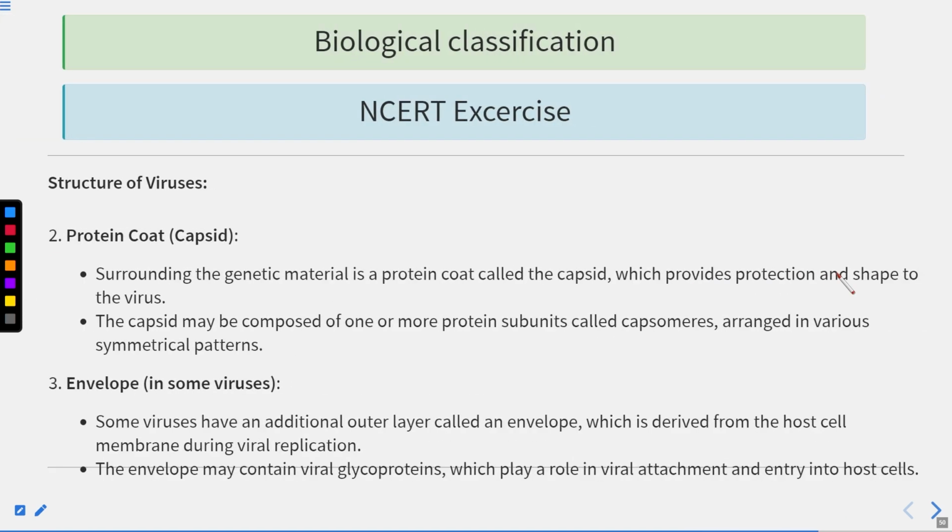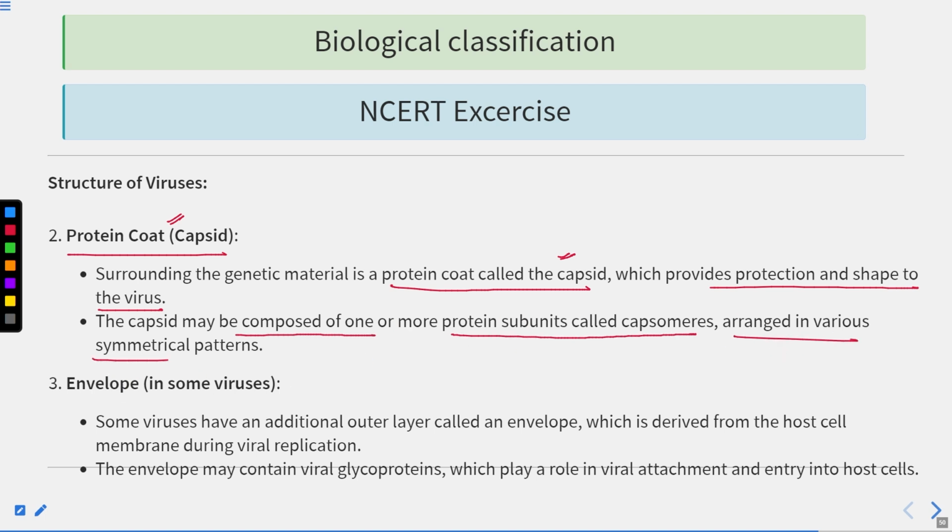Next, in the structure of a virus, there is the protein coat covering the nucleic acid. Surrounding the genetic material is the protein coat called the capsid, which provides protection and shape to the virus. The capsid may be composed of one or more protein subunits called capsomers, arranged in various symmetrical patterns.